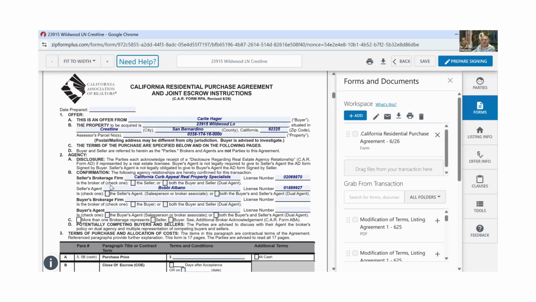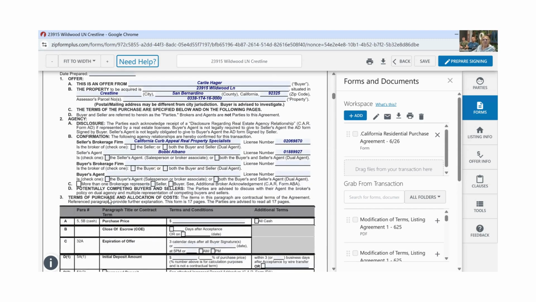And then you want to say whether this firm is working for the seller or for both the seller and buyer in a dual agency situation. Be sure to click those boxes. They don't automatically fill in for you. Even if you connect the form with the MLS, it still won't check the boxes. So be sure you check the boxes.